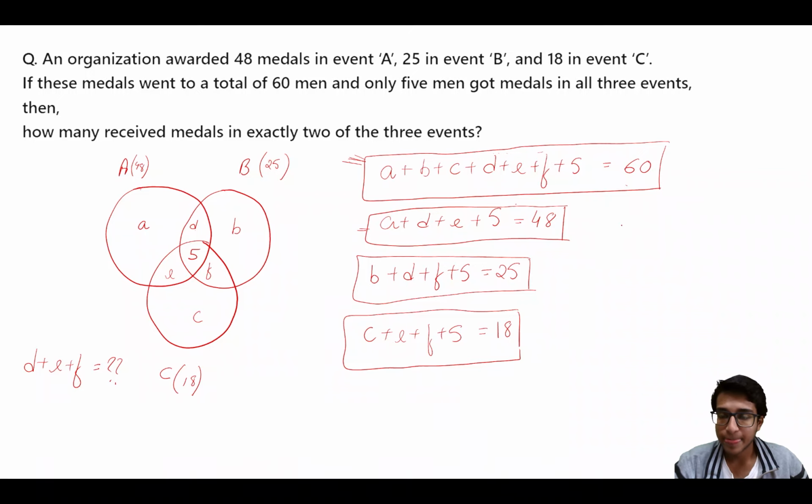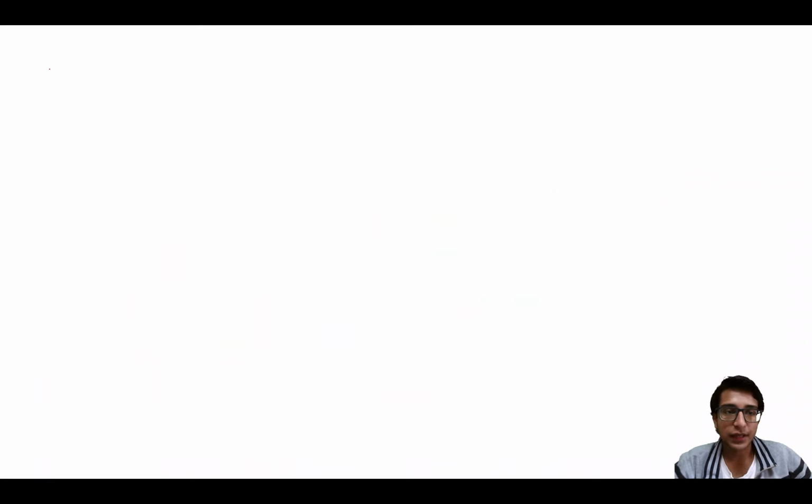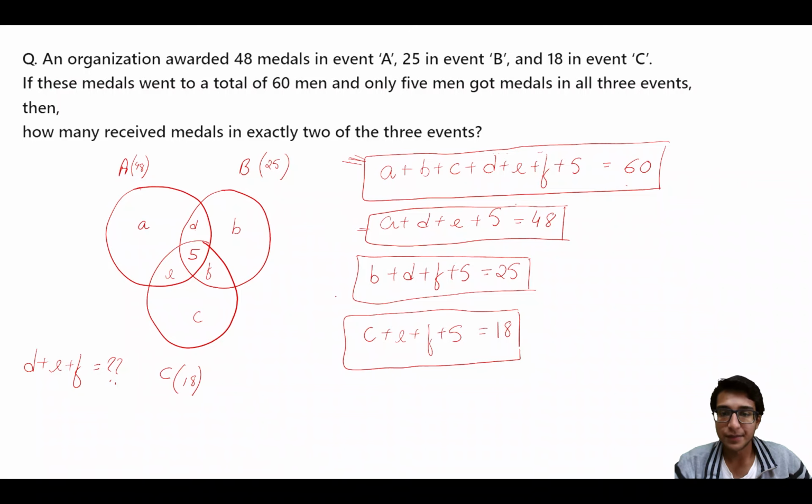So from here, I'll simply start replacing the values of A, B, C in the main equation. So what would A become?